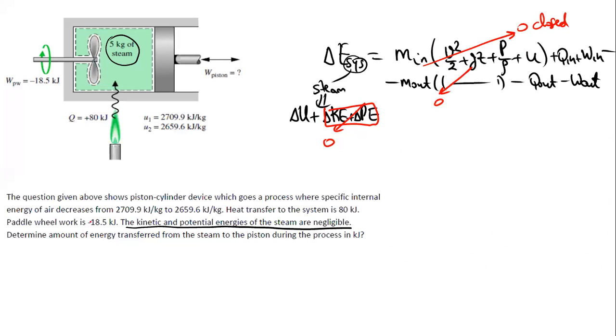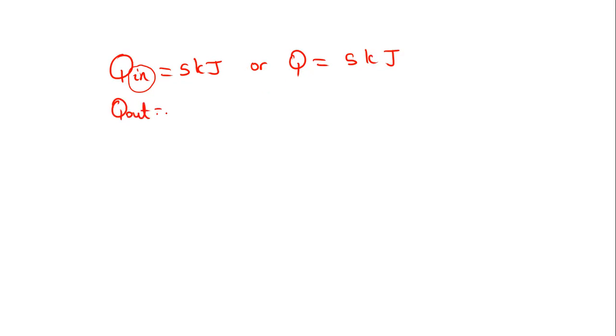And you see there is a negative sign used here. I will talk about what the negative sign means. So when I say Q in is 5 kilojoules, you see that I have specified the in quantity. Or instead, I can write this as Q is 5 kilojoules. It is the same. But when I say Q out, or heat transfer that leaves the system, Q out means heat leaves.